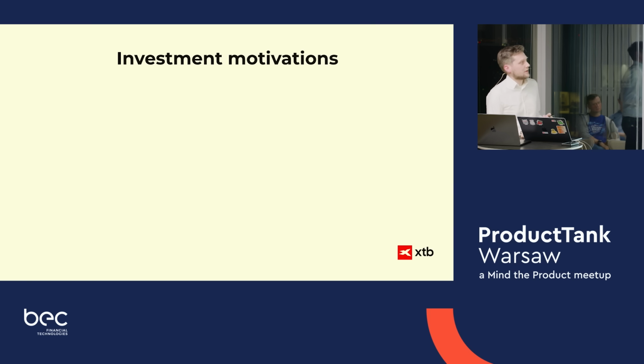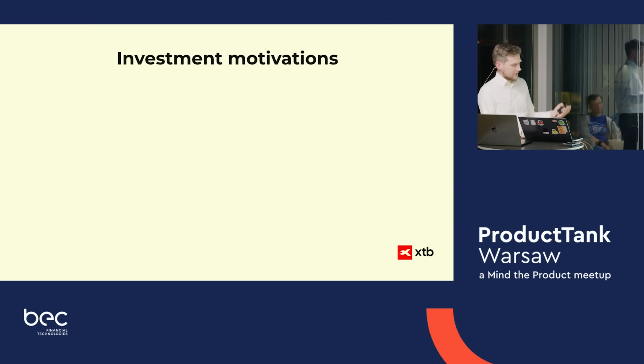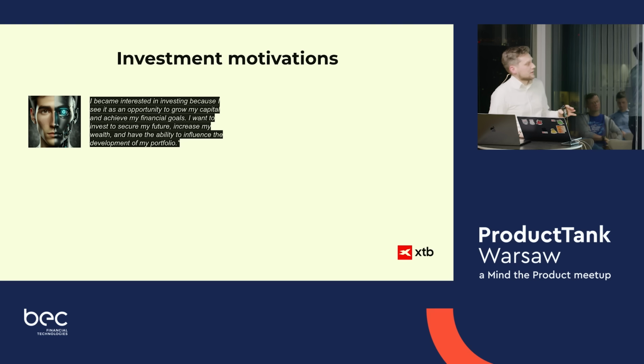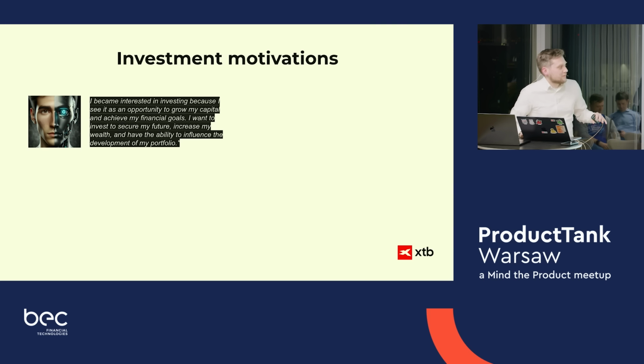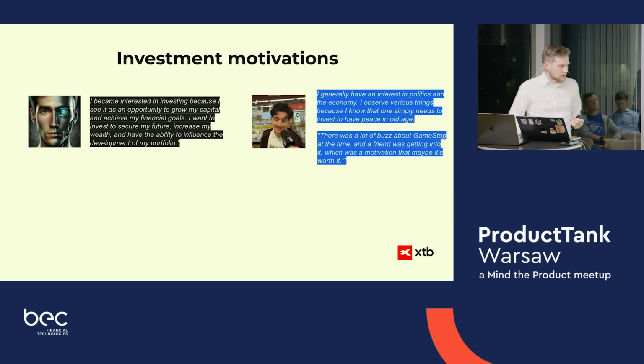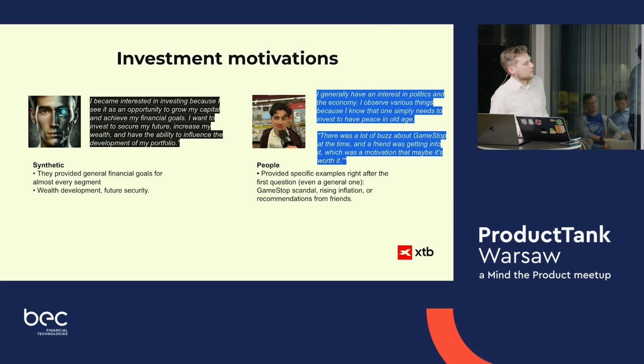Let's take the investment motivations. We asked synthetic personas and real users about their general investment motivations. As you can see, the synthetic personas, or segments, said things like, I became interested in investing because I see it as an opportunity to grow my capital and achieve my financial goals, and so on. Very general. But real people were much more detailed and specific, even though we asked a very general first question.